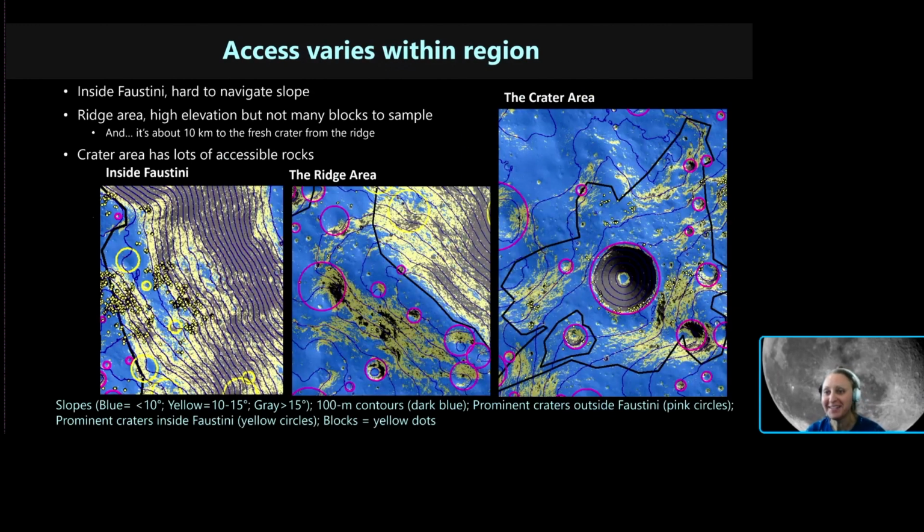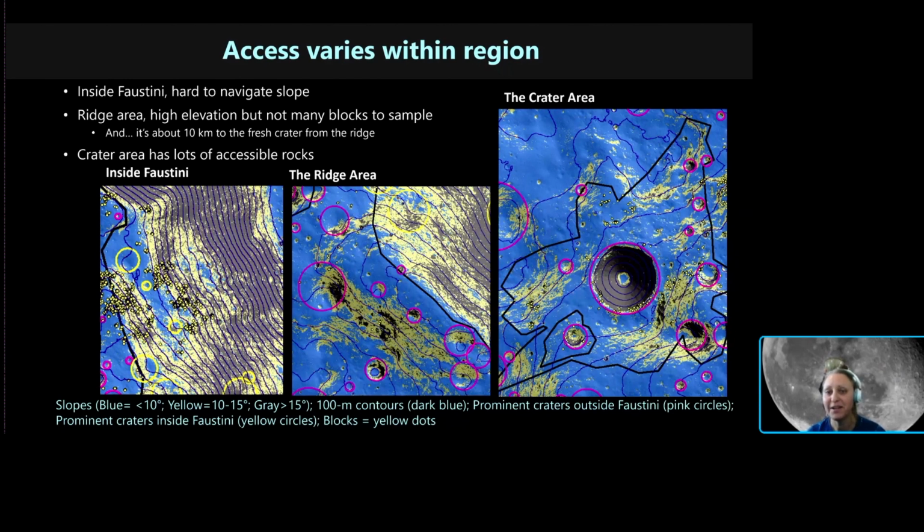So as you can get a sense from looking at that, there's different areas within this map with different accessibility. Inside Faustini is looking very difficult to navigate because of its slopes, so that's pretty much inaccessible. The ridge area is accessible and it has this nice high elevation, which is probably better for illumination and visibility, but we aren't seeing as many rocks and blocks to sample there.